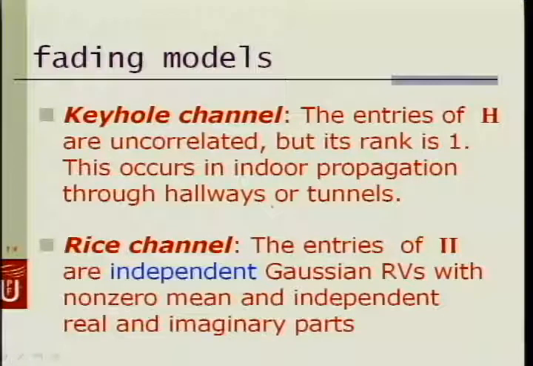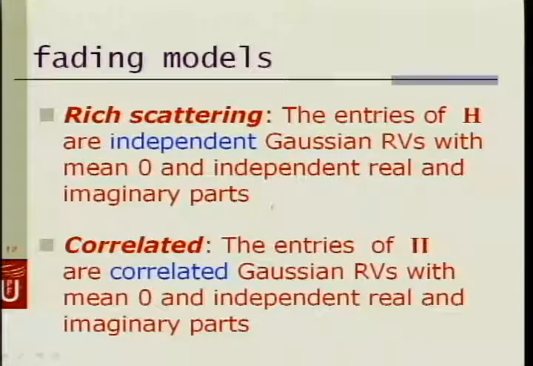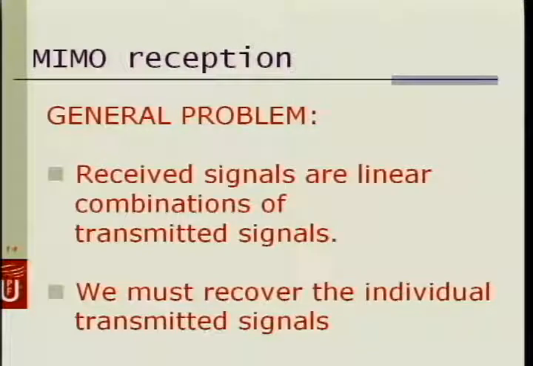In some cases, such as indoor propagation through a hallway or a tunnel, the entries of H are still uncorrelated but the matrix H is rank 1. These are all limiting cases, but all the calculations that I'm going to describe today are based on a rich scattering model. I just want you to know that there are several other possible models that lead to different calculations.